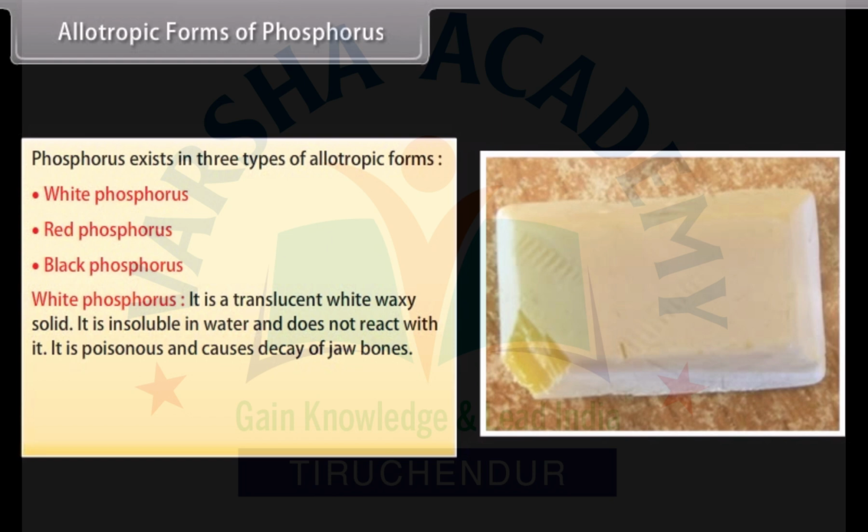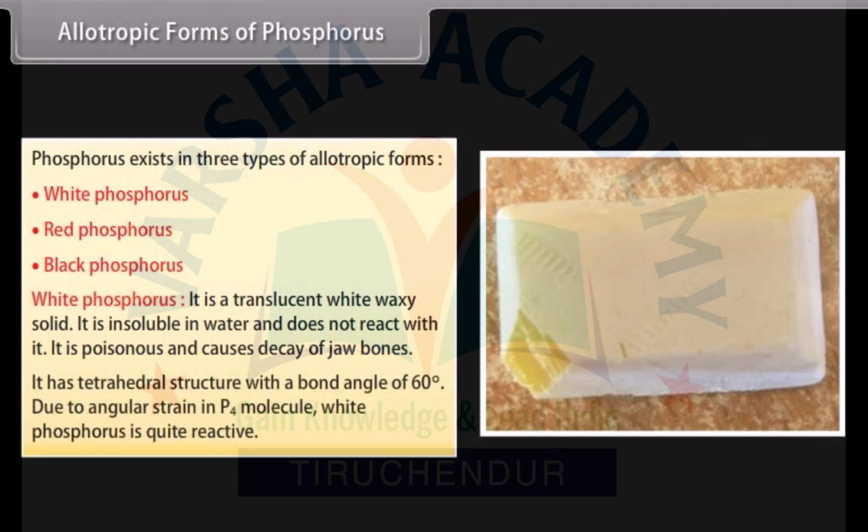It is insoluble in water and does not react with it. It is poisonous and causes decay of jaw bones. It has tetrahedral structure with a bond angle of 60 degrees. Due to angular strain in the P4 molecule, white phosphorus is quite reactive.